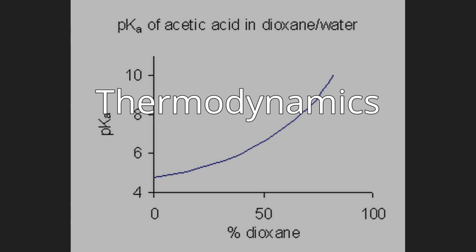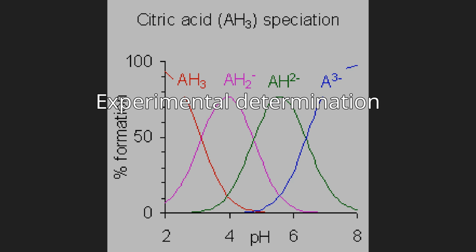Thermodynamics, dynamics. Experimental determination. The experimental determination of pK values is commonly performed by means of titrations in a medium of high ionic strength and at constant temperature. A typical procedure would be as follows. A solution of the compound in the medium is acidified with a strong acid to the point where the compound is fully protonated.